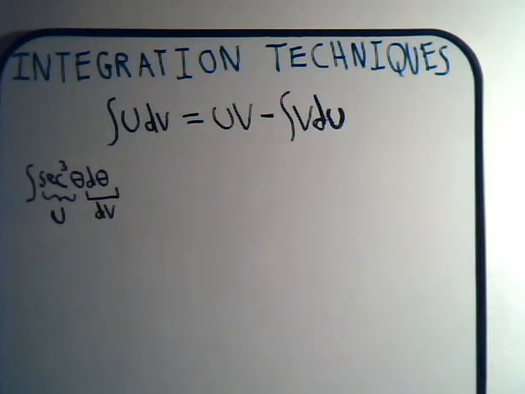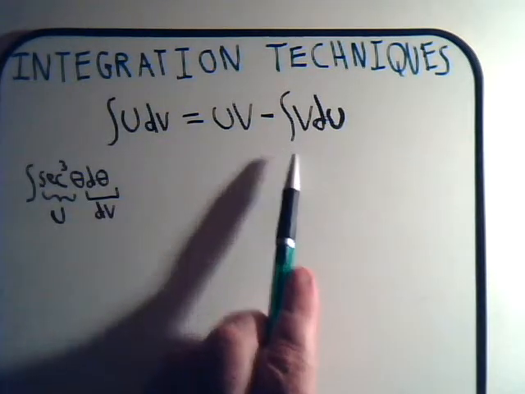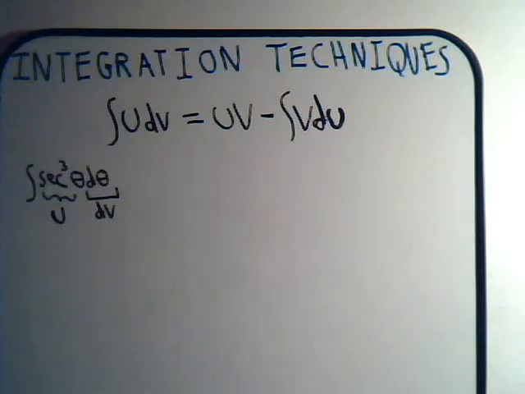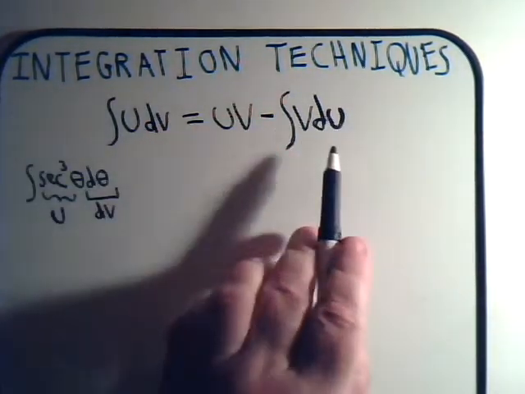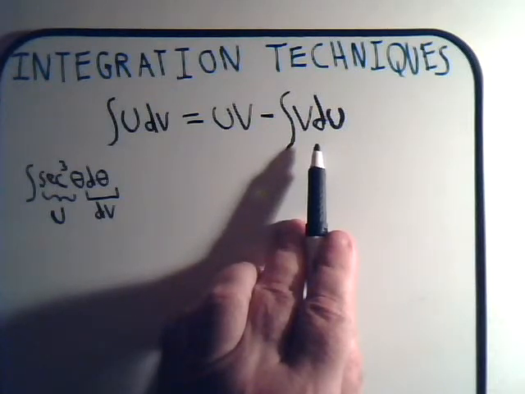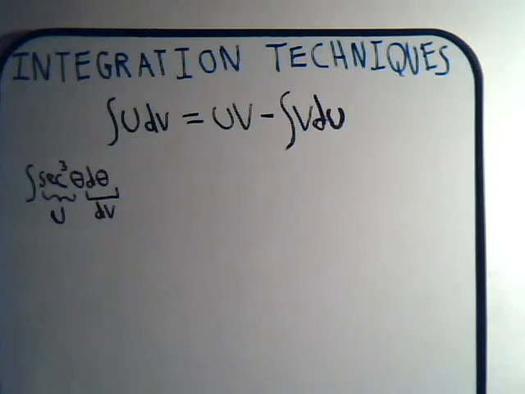But remember now, when we're setting these problems up, we're going to get an integral not of u dv, but of v du. And we have to try to do it in such a way that this integral can be solved, whereas this one here we cannot solve.